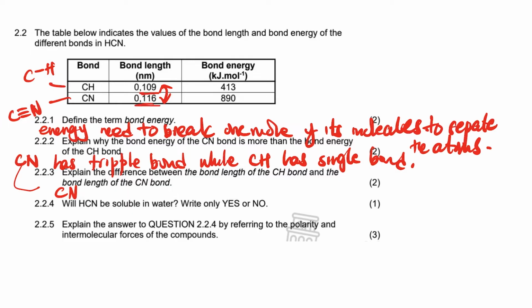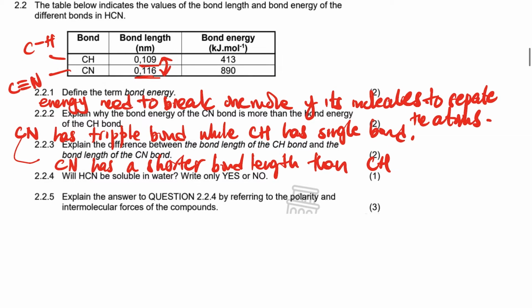The CN has a shorter bond length than CH, right? That's simple.